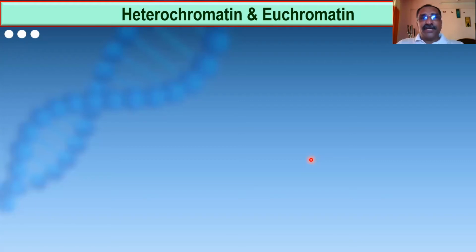At this time, the histones and non-histone proteins are added, and ultimately you get the metaphase chromosome, which is 1400 nanometer. So we can say the 2.2 meter DNA of a human cell can be accommodated in a very small nucleus because of coiling and recoiling.